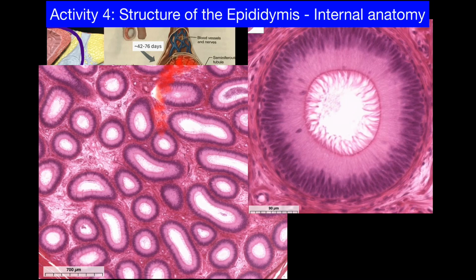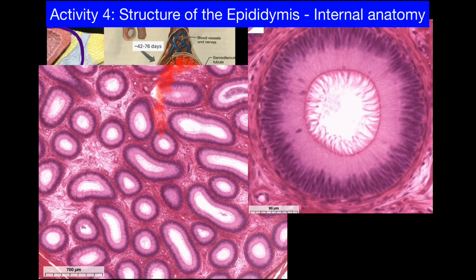So remember, if we take a sperm cell from the testes, it is not capable of fertilization. So it has to travel through the epididymis in order to mature and be able to actually fertilize an egg cell. So if we were to unravel this tube within the epididymis, it would extend up to several meters long.